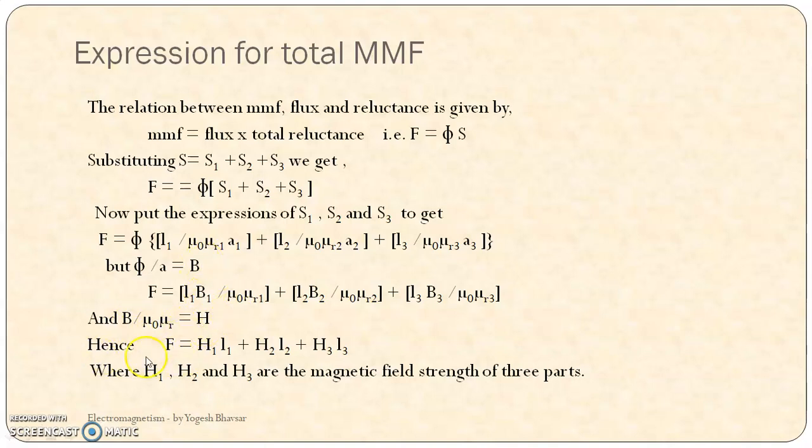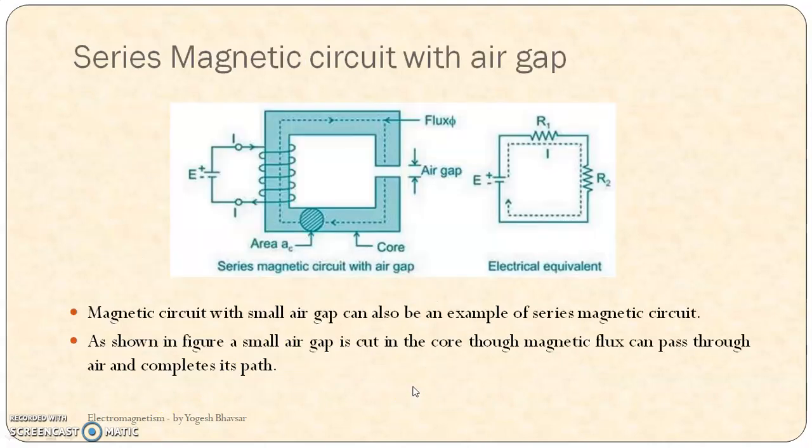So we can put it here. Then we will get the simplified total mmf of the circuit. So that is F is equal to H1 L1 plus H2 L2 plus H3 L3, where H1, H2, H3 are the magnetic field strength of the three parts. So this is the total mmf of the circuit.